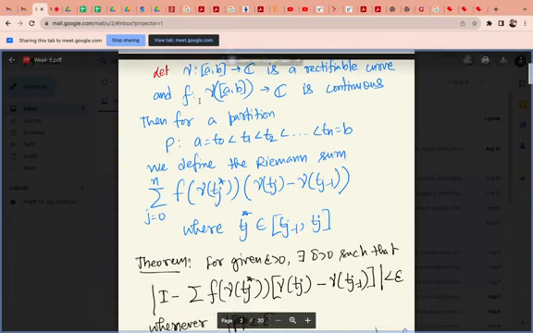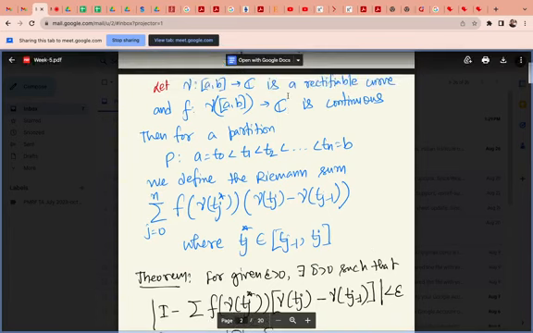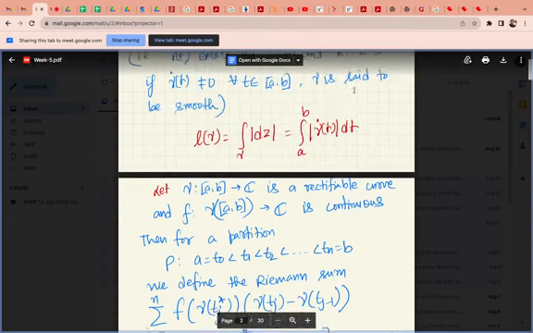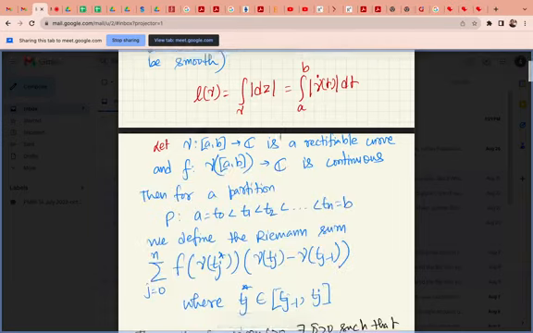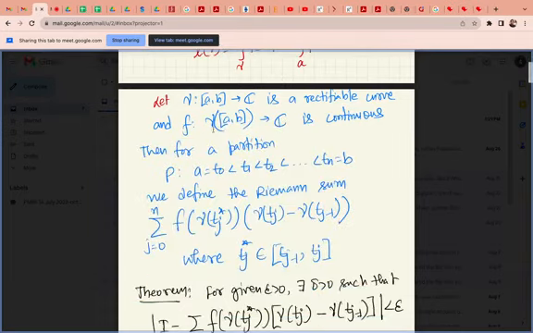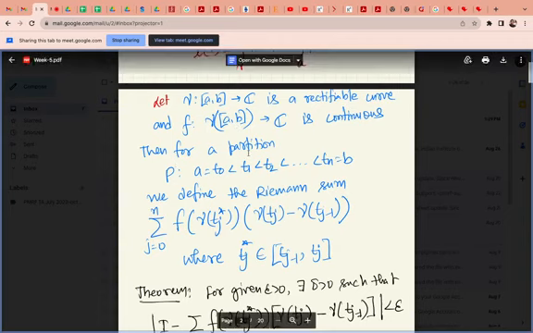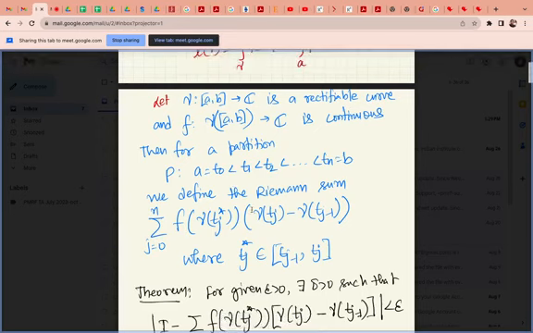Let gamma from [a, b] to C be a rectifiable curve. Rectifiability, as I already mentioned, means its length is finite. And f is a continuous function on the image of gamma. Then for a partition we define this Riemann sum, which gives the definition of the line integral of f.